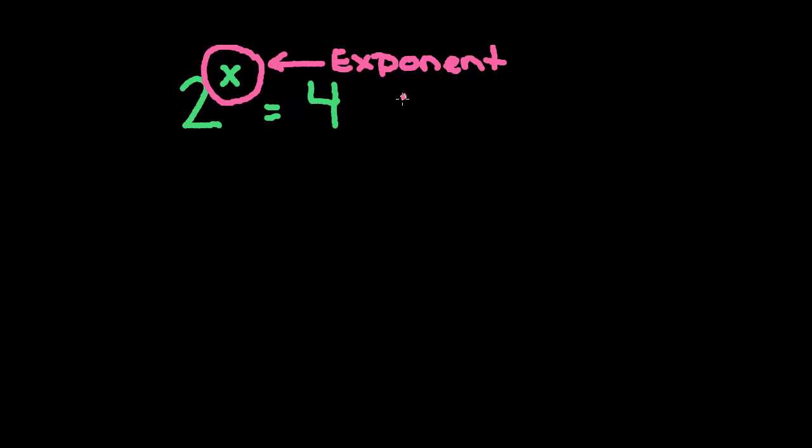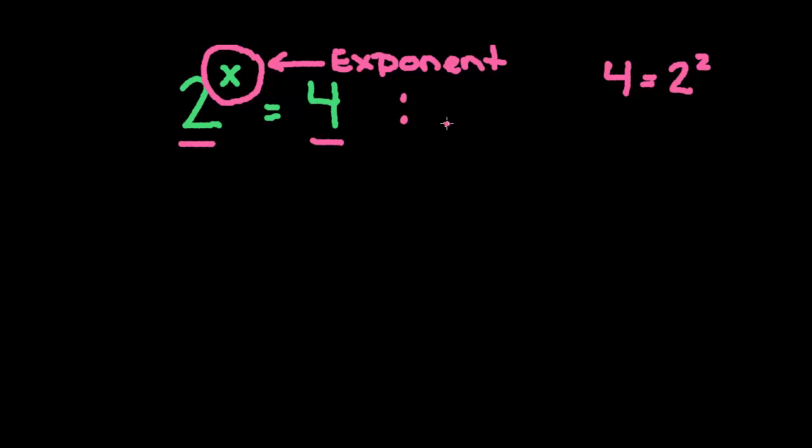In our previous lesson, we looked at what we can do when we see the bases in the problem being able to be equated to each other. So in this case, we notice that 4 can be rewritten as 2 to the second power.